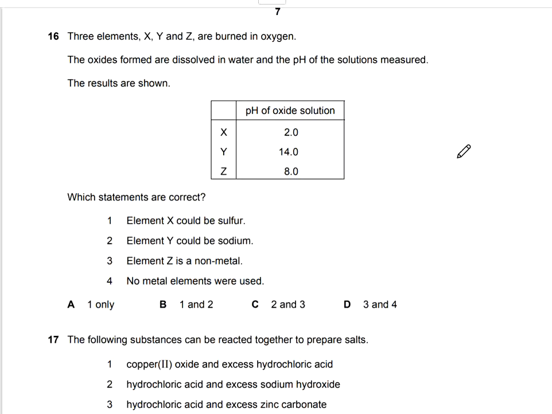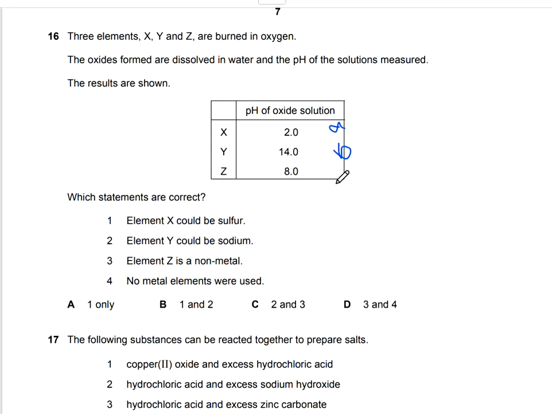Three elements X, Y, and Z are burned in oxygen. The oxides are dissolved in water and the pH of the solutions measured. The results are shown. X has a pH of 2, therefore it is acidic. Y is 14, which is basic, and Z is 8, which is almost neutral, because neutral pH is 7.